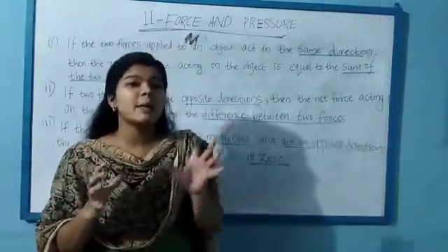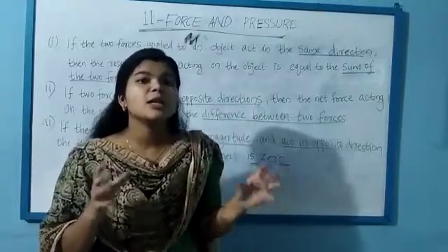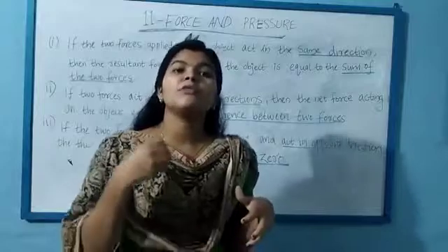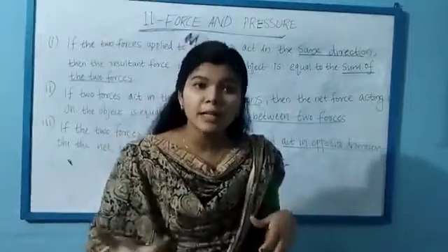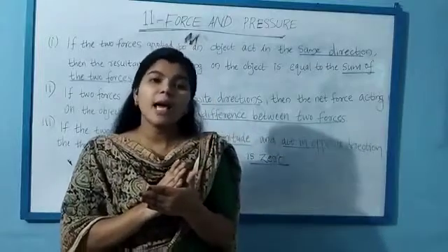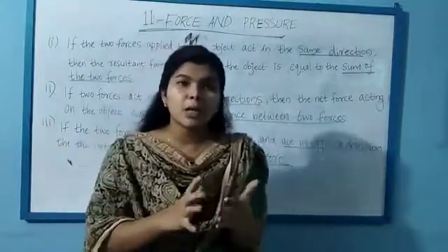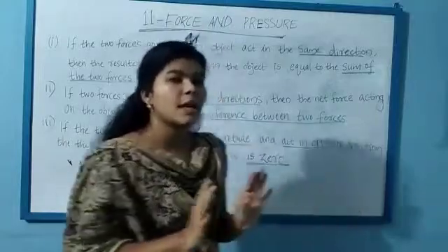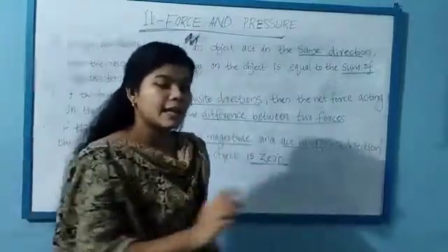the forces are applied in the same direction. Therefore, these two forces are getting added. Your force and your friend's force are added up. That's why you can easily move your bench. Both of you are applying the forces in the same direction. Suppose you are moving the bench in this direction.